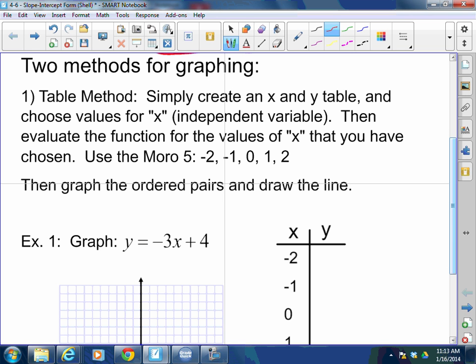I like to use the Morrow 5: -2, -1, 0, 1, and 2. However, if the number in front of the x is a fraction, remember that you don't use the Morrow 5. You use multiples of the denominator. And of course, 0. You always use 0. Okay? Then you graph the ordered pairs and you draw the line.